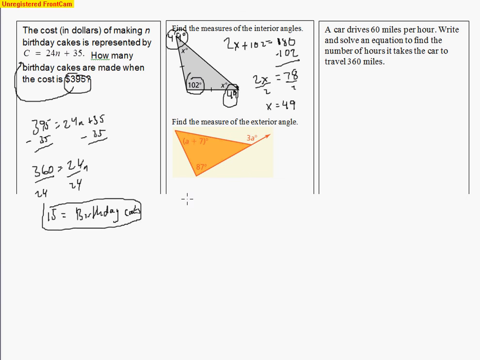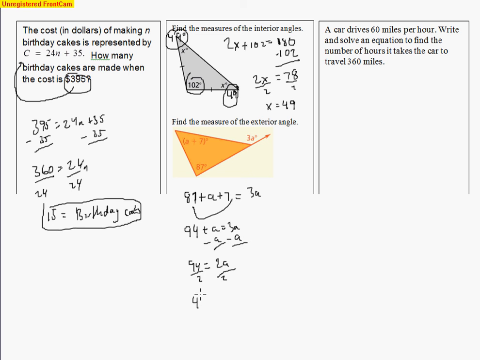So this next one says find the measure of the exterior angle. So what we have to remember is the exterior angle formula says that you add the two remote interior angles and they equal the exterior angle. So we have to add the 87 and the 7. And that leaves us with 94 plus a equals 3a. If I subtract that a from both sides, it leaves me with 2a. So 94 equals 2a. And when I divide by 2, 2 goes into 9 four times with 1 left over.